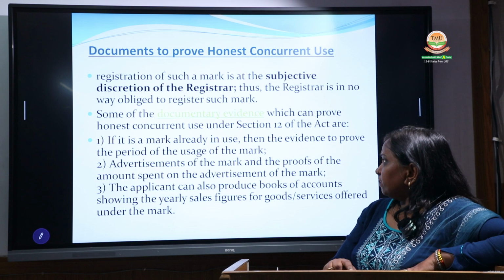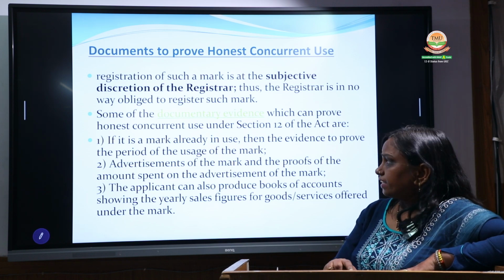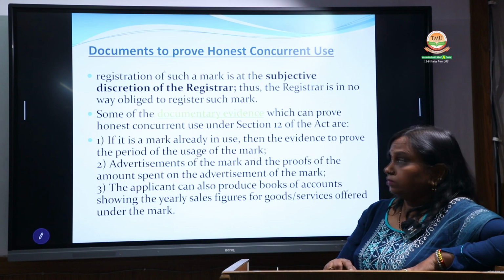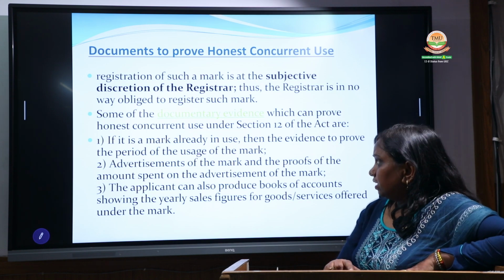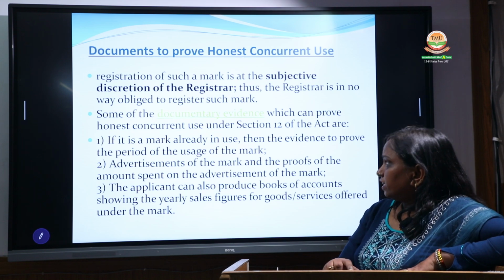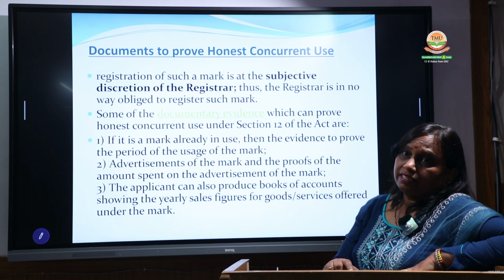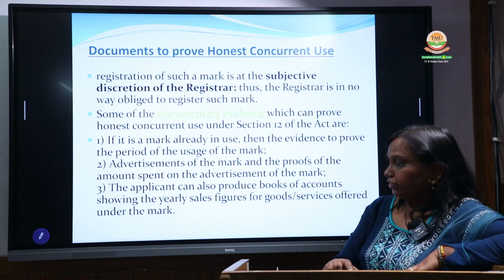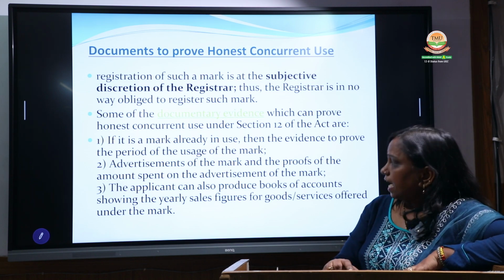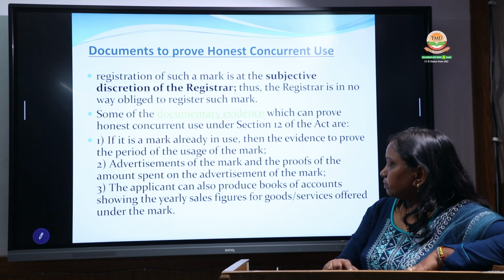Some of the documentary evidence which can prove honest concurrent use under section 12 of the Act includes the following. If it is a mark already in use, then evidence to prove the period of usage of the mark. So one has to prove that that particular mark is being used for a long time, for a particular period of time. Second, advertisement of the mark and proofs of the amount spent on the advertisement of the mark.